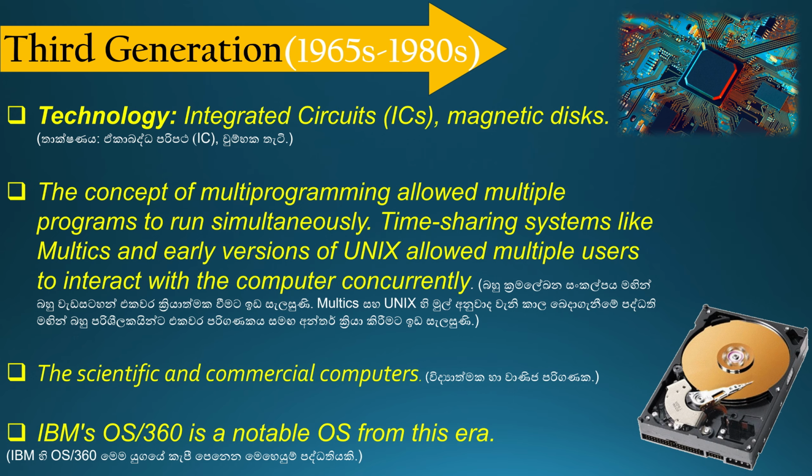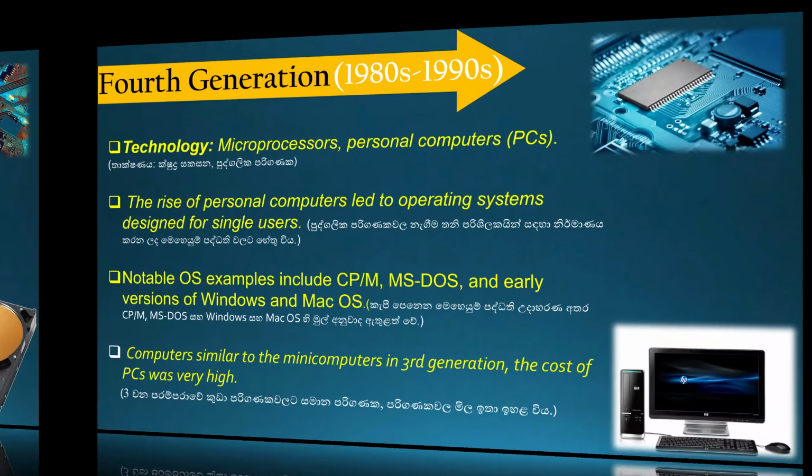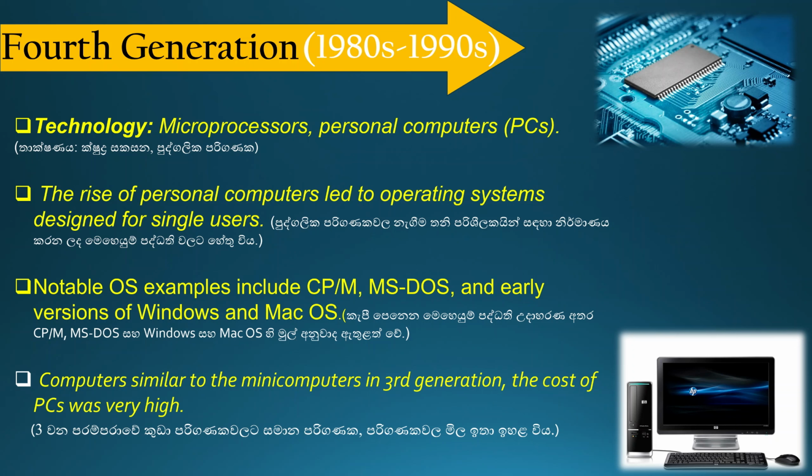See what happened in the fourth generation. They used microprocessors and personal computers like PC. In this fourth generation, the rise of personal computers led to operating systems designed for single users. Only single users.